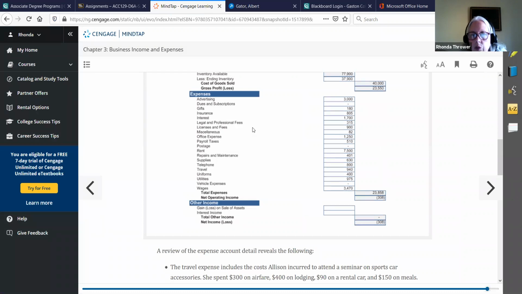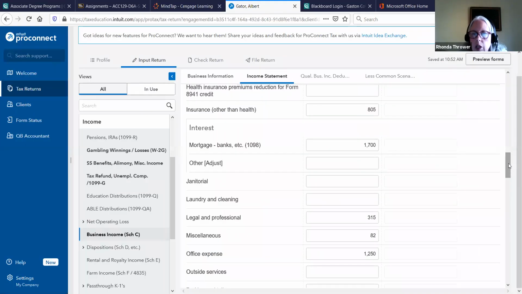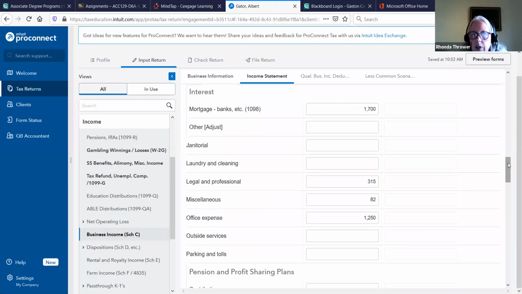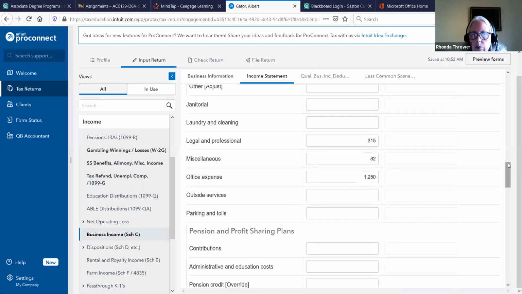And then you're going to move to payroll taxes, which is $510. Your payroll taxes on Schedule C is with taxes and something else on Schedule C. So let's see if we can find taxes.